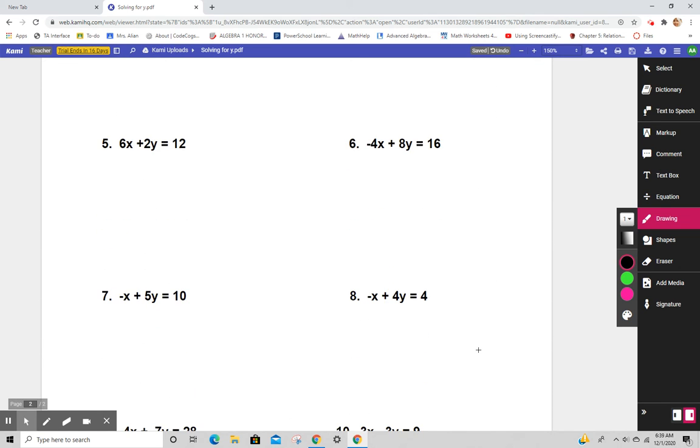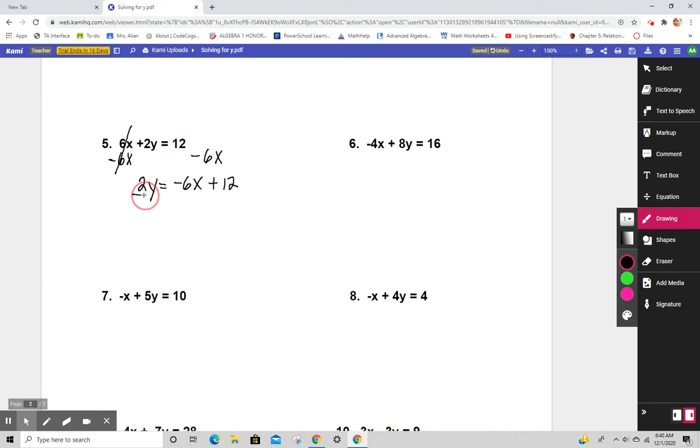Number 5 will also be 2 steps. First step, let's subtract 6x from both sides. Now it's gone from here. All we have left here is 2y equals, okay, let's follow the equal sign with this term first, followed by 12 plus 12.